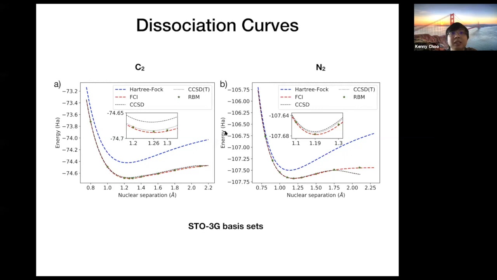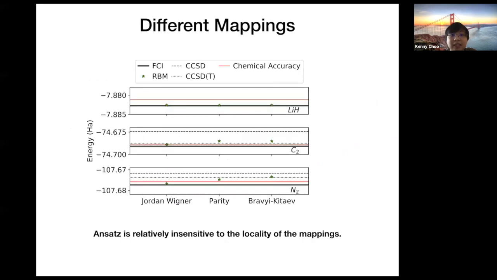Okay, another thing that we looked at is different mappings. We tried to compare whether different types of mappings have any impact on the result, because if you change the mapping, in some sense, you're also changing the wave function. So we compared three different types of mapping: the Jordan-Wigner mapping, the parity mapping, as well as the Bravyi-Kitaev mapping.